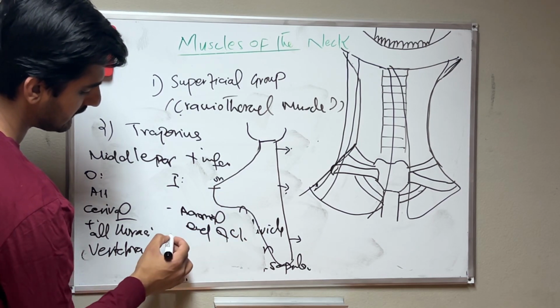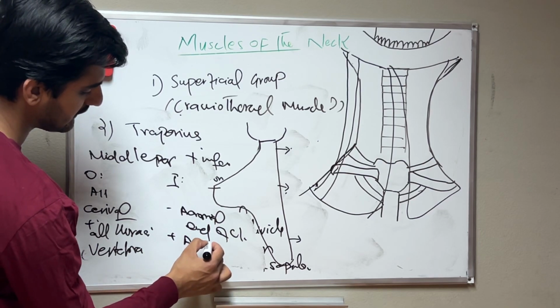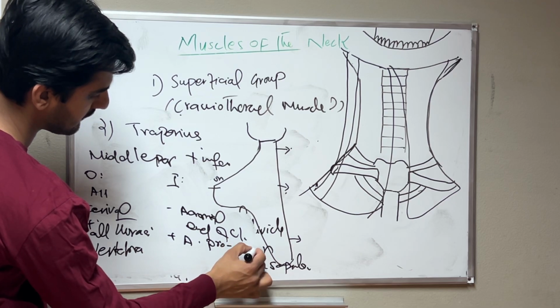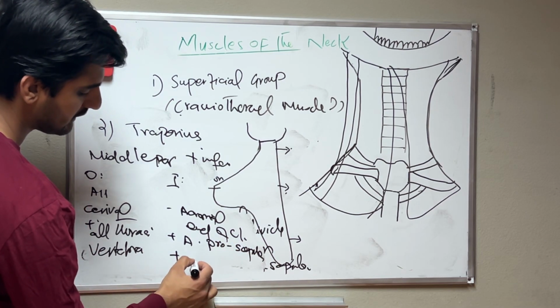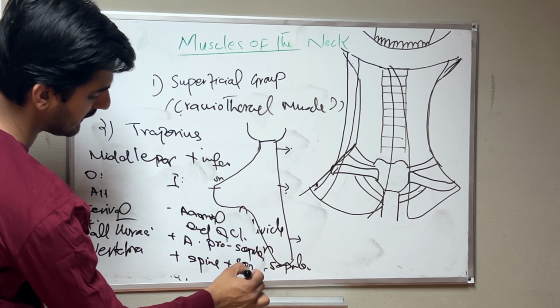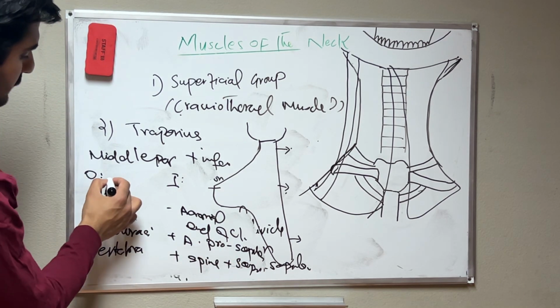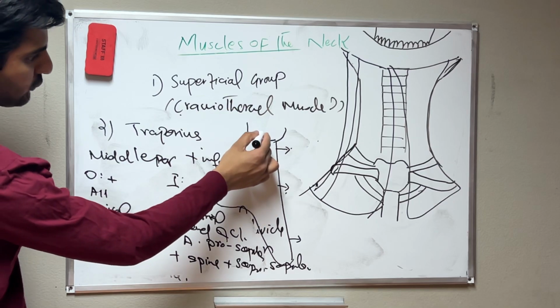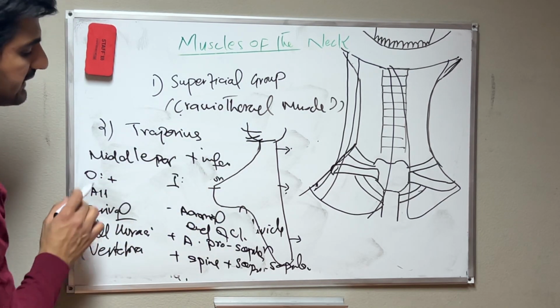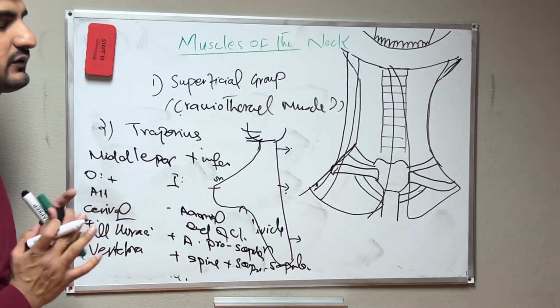Clavicle, then plus acromion process of what? Scapula, and plus spine of scapula. If we add here the superior nuchal line, nuchal ligaments, and external occipital protuberance, this is the whole origination and insertion of the trapezius muscle.